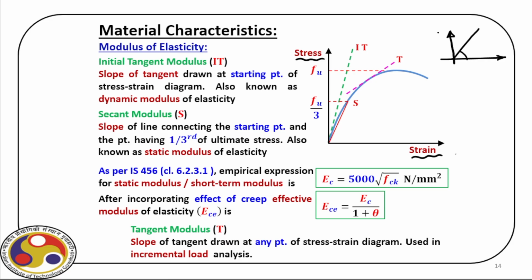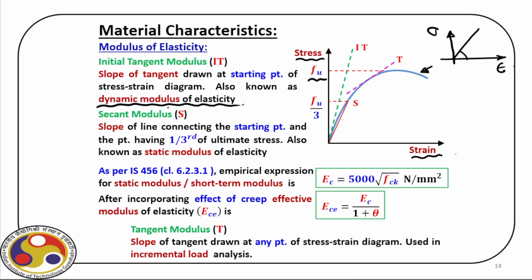But in case of concrete, if this is the stress strain curve, then the question comes whether we consider the initial tangent, that means from 0 up to this point, if we have ultimate stress Fu by 3, that is the point where we define the initial tangent modulus, and that is the initial slope from this diagram. It is also known as the dynamic modulus of elasticity.